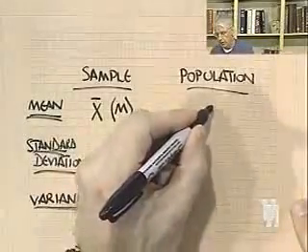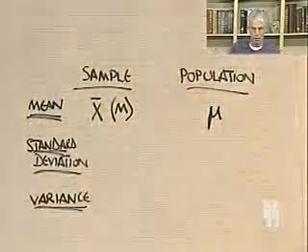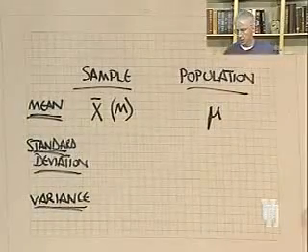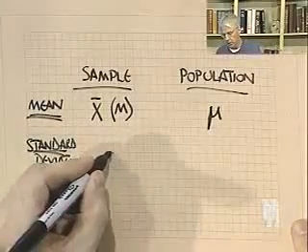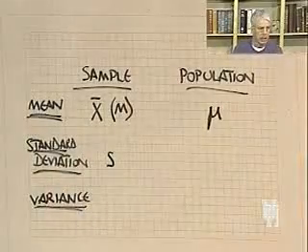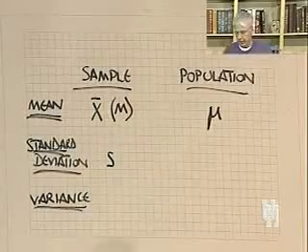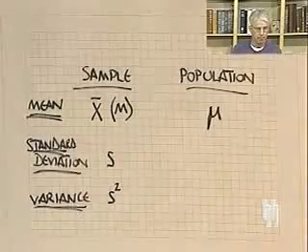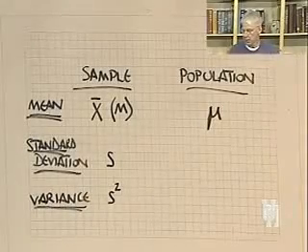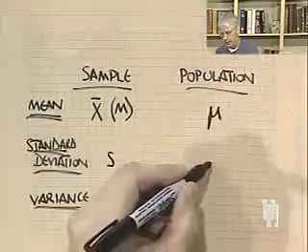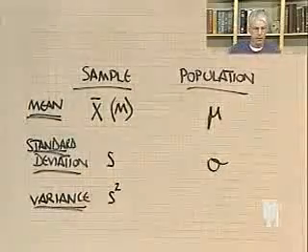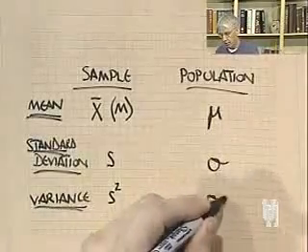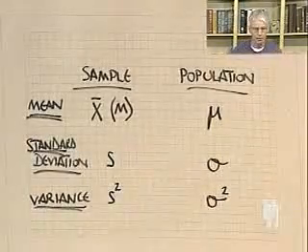Population mean is denoted by the Greek letter mu. Sample standard deviation is denoted by lowercase s, and sample variance by lowercase s squared. Population standard deviation is denoted by the Greek letter sigma, and variance by sigma squared.